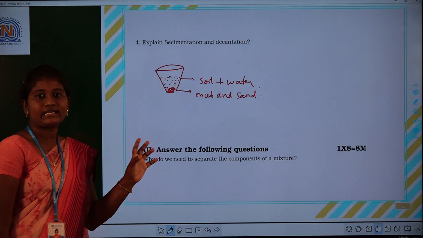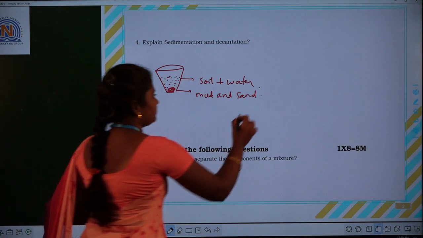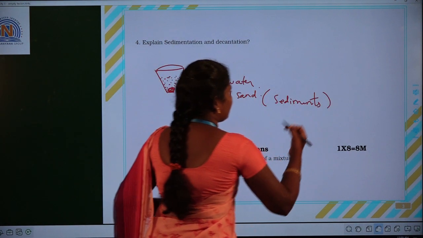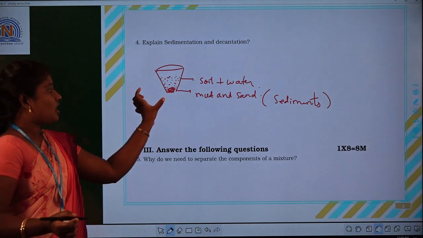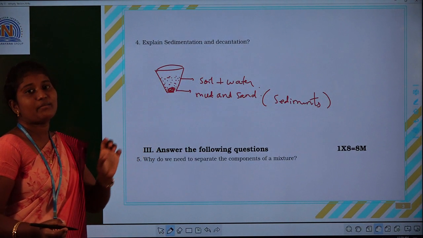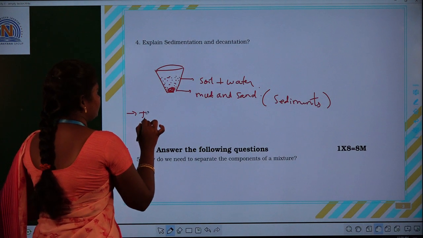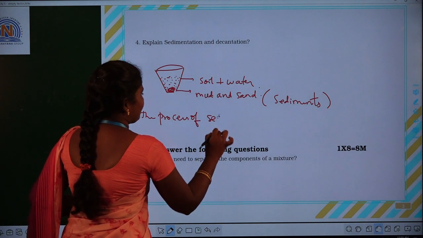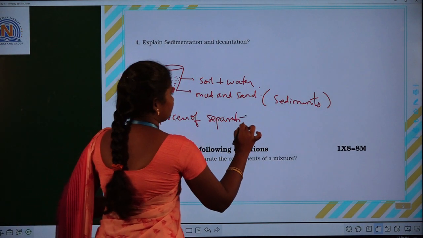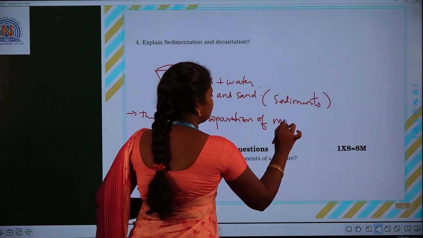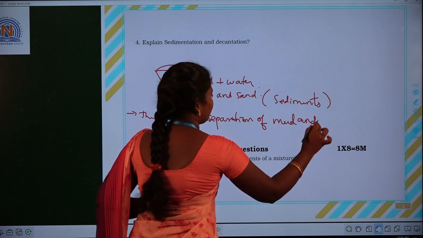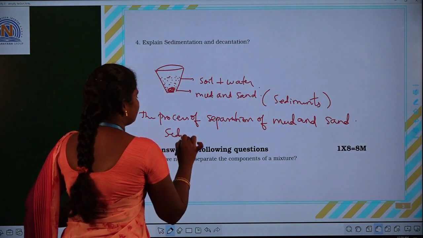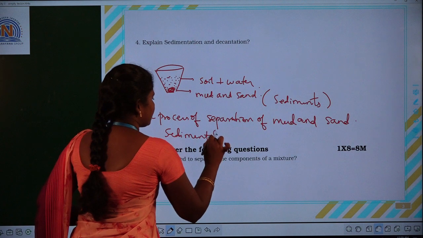These mud and sand particles are sediments. The process of separation of mud and sand is called sedimentation.